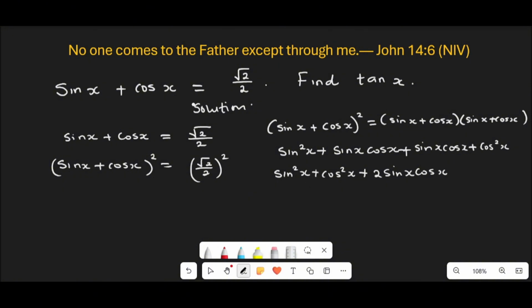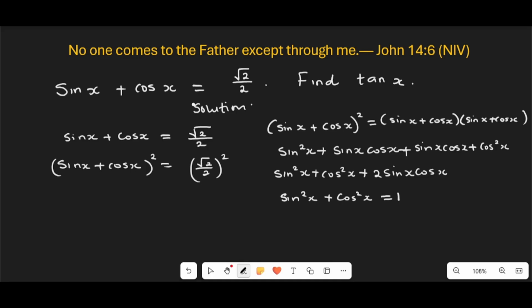But sin square x plus cos square x is equal to 1. So in place of sin square x plus cos square x, let us put 1 there. So we are going to have 1 plus 2 sin x cos x. So let us replace this with this now.